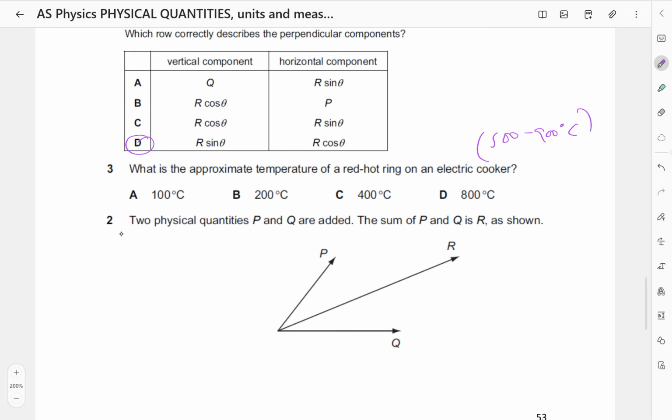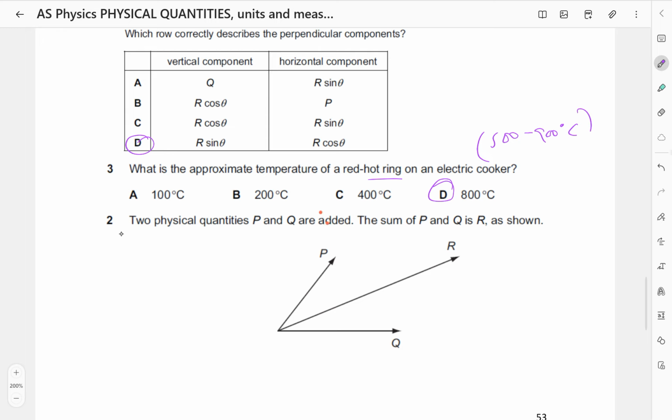So our answer is most likely going to be 800 degrees Celsius, because it can be as hot as above 500 degrees Celsius. So an electric cooker, which is already hot, can be approximately 800 degrees Celsius.